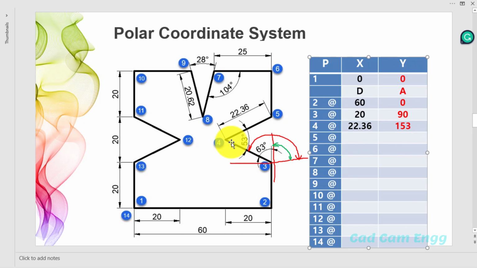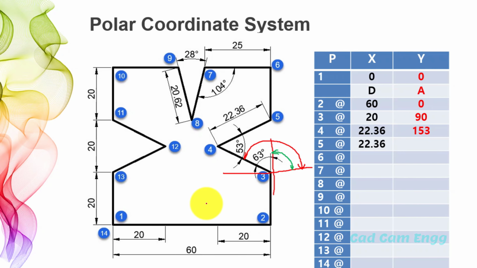Next, point number 5, we want to draw this line. Distance as usual we know, 22.36. What about the angle? Here the angle is a little different. Now this is our origin point, because the previous point is acting as the origin point.